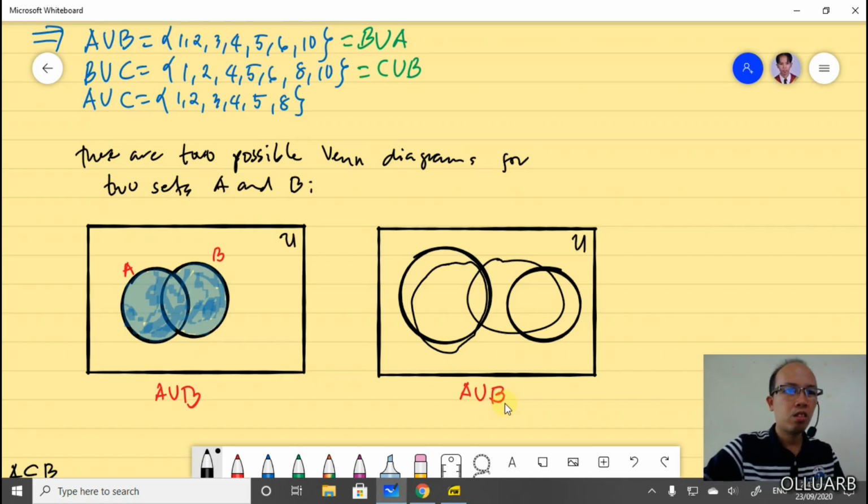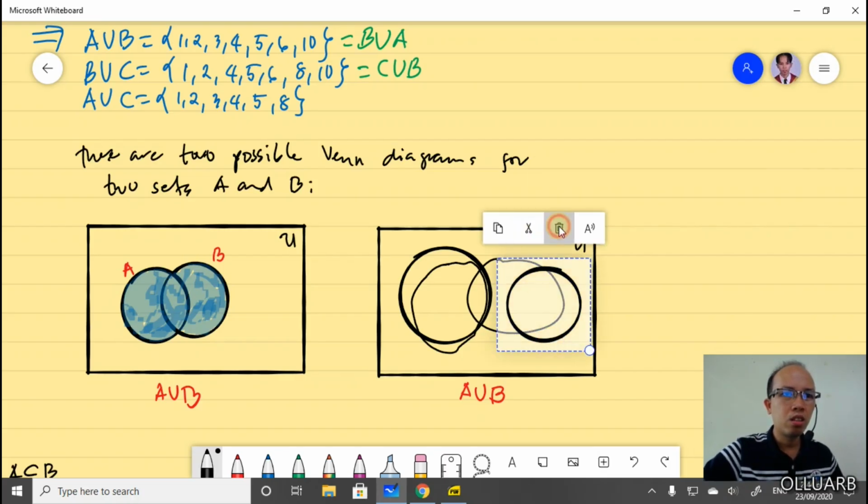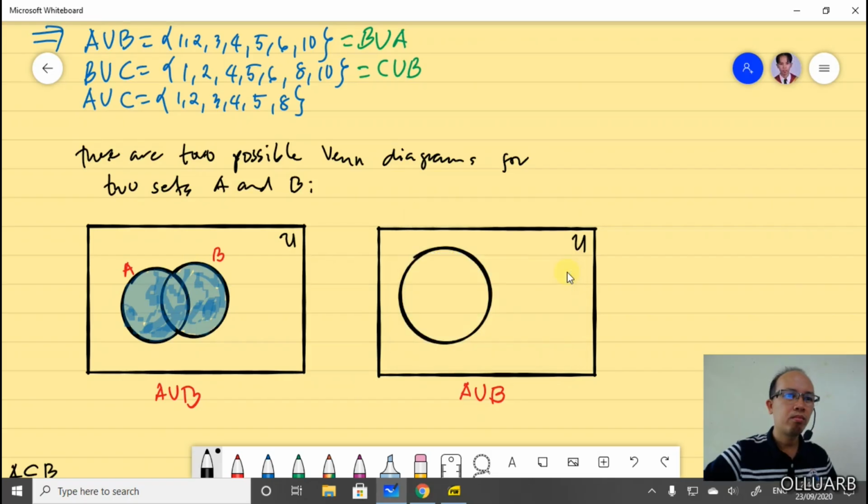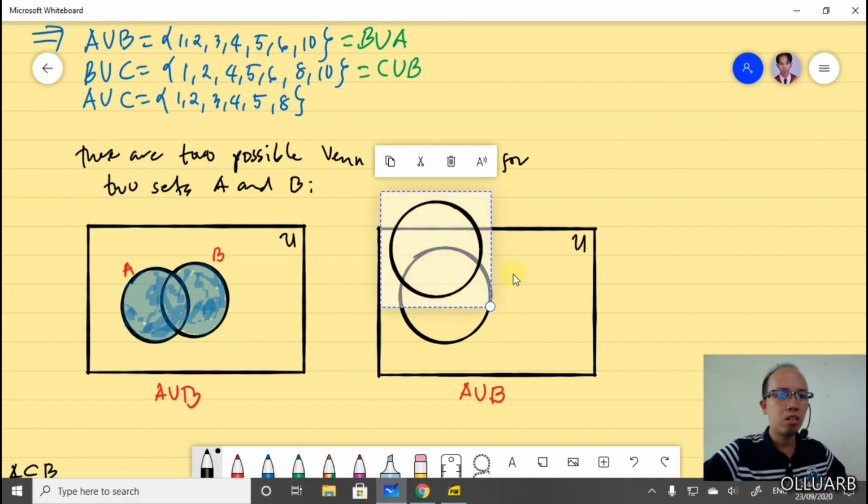Okay, I think I found the right one. This one, can I delete this? Delete this also. Okay, this is a perfect circle. Copy, paste. And let's move the circle here.